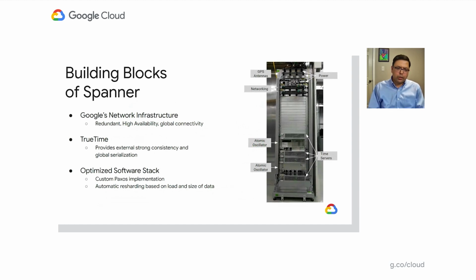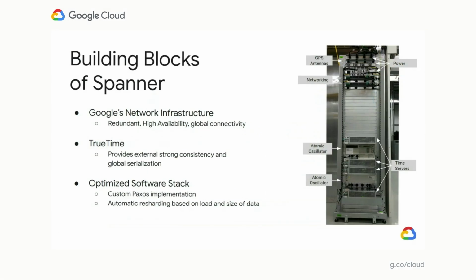Now, how do we make it work? What are the key building blocks for Spanner? So there are three main elements to it. First and foremost, it's Google's network. Spanner is synchronously replicated behind the scenes.